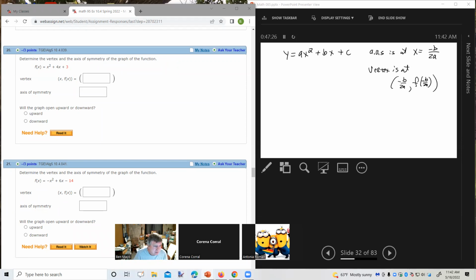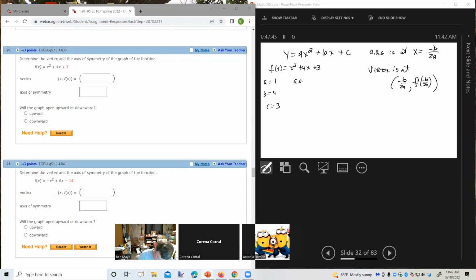All right, how is that going to play out on problem number 20 on the left side there? We've got f of x equals x squared plus 4x plus 3. So a is 1, b is 4, and c is 3.